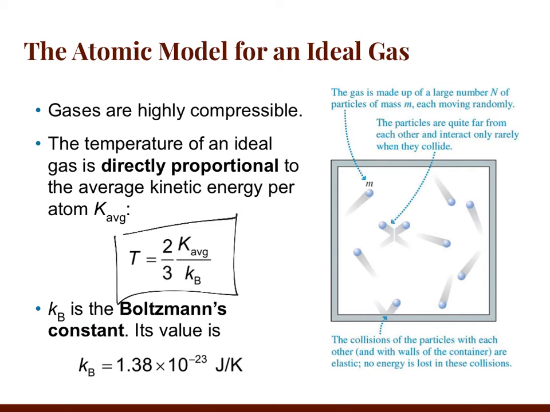Temperature equals 2/3 times the average kinetic energy divided by Boltzmann's constant, 1.38 times 10 to the negative 23rd joules per Kelvin. Note that this constant does use the Kelvin scale for temperature. So when you find temperature using this formula, you are finding the Kelvin version of temperature.